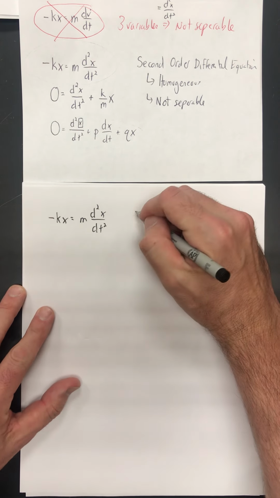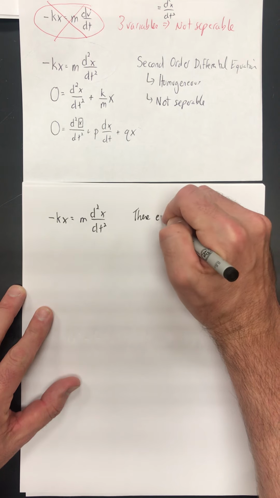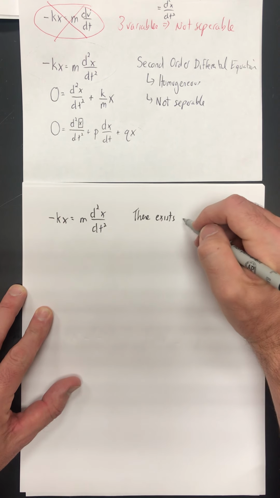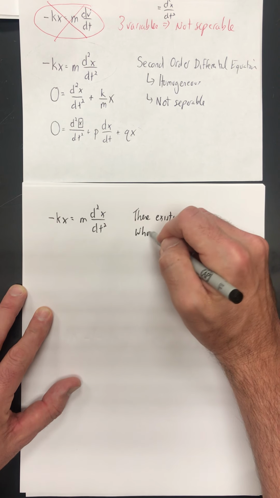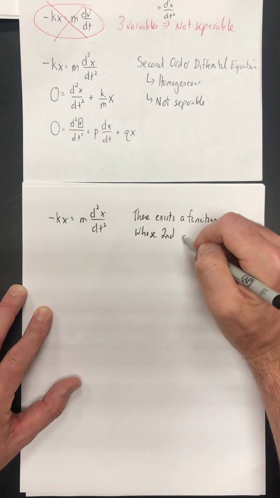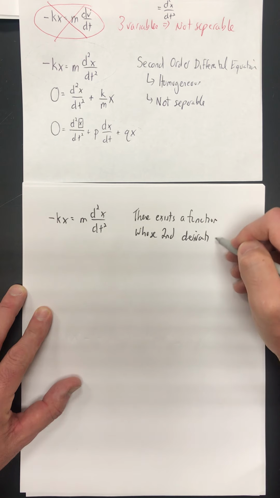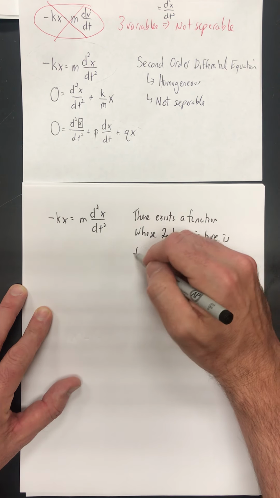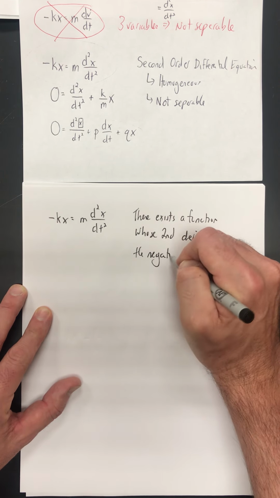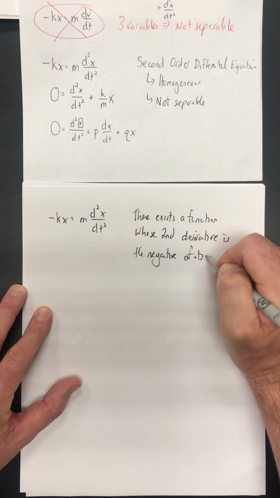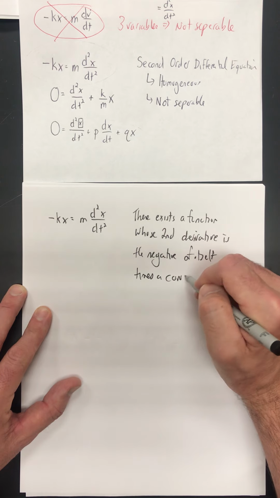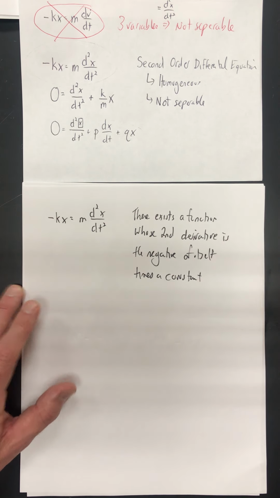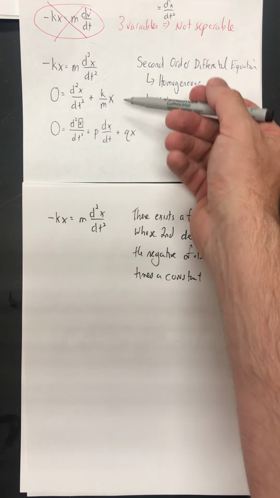It says there exists a function whose second derivative is the negative of itself times a constant. Okay? Or if you want to look at it in this form here, right?